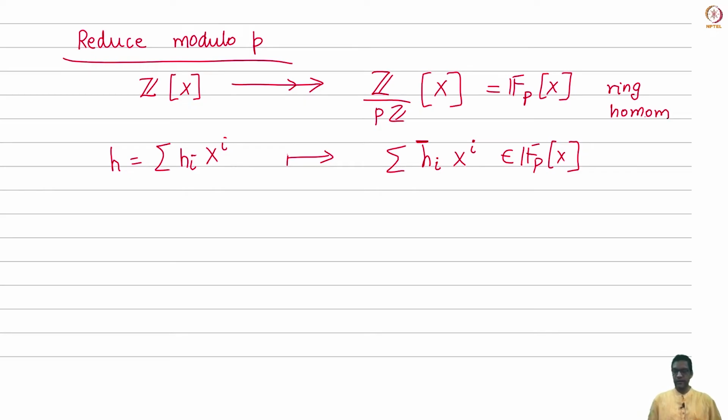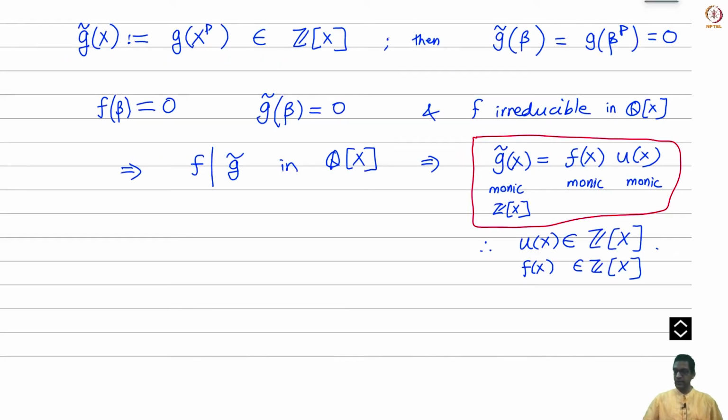So I can take integer polynomials and convert them into polynomials over the finite field F_p. Now the fact that it's a ring homomorphism means the following. Recall I have this equation that g tilde is f times u, and all three are in Z[x].